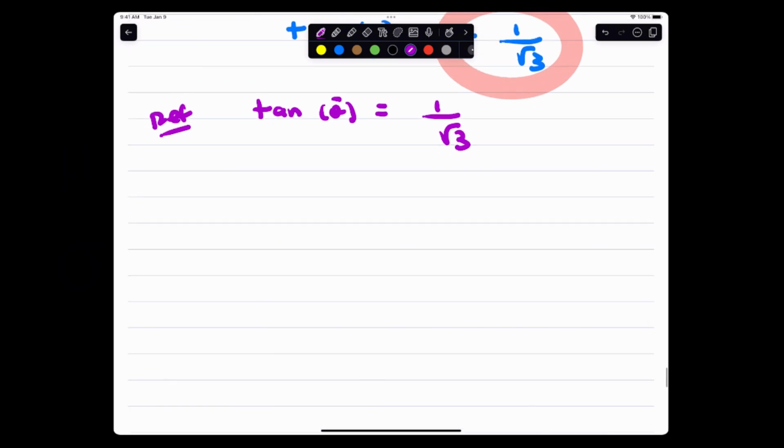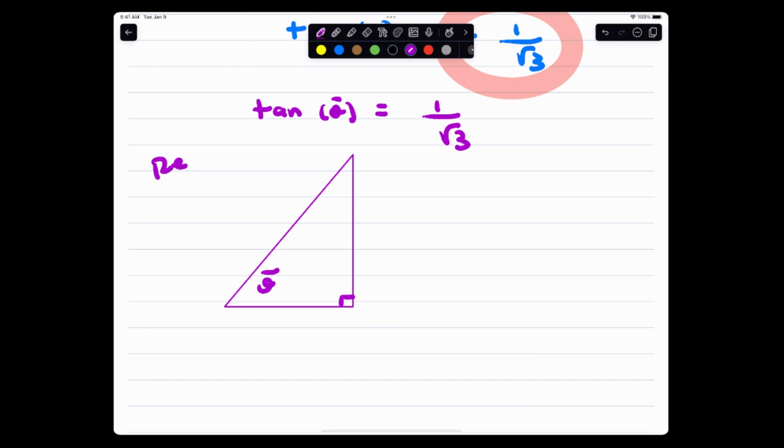All right, so then if I ask you, how do you get that? What is that? Remember this? What's that definition? Opposite over what?